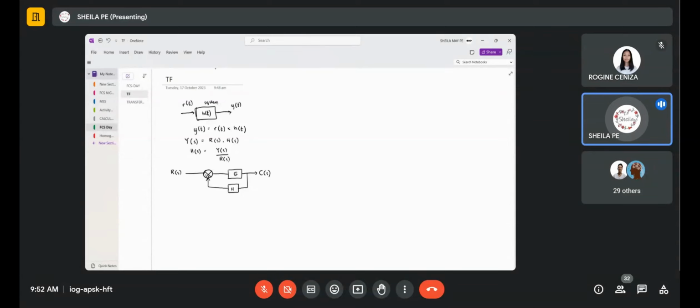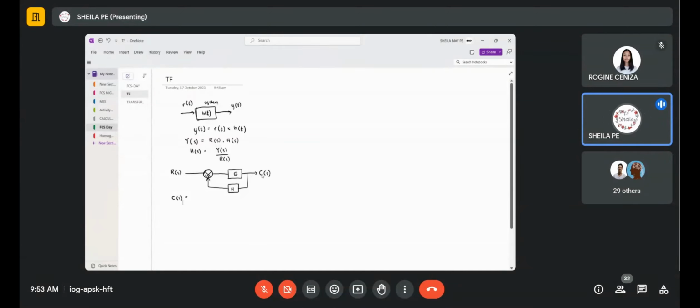Okay. Now, if we have this kind of system, class, to find our C(s), R(s) goes into our summing junction, then goes through the open loop gain, and you can have our output. Now, every closed loop system, class, has feedback.